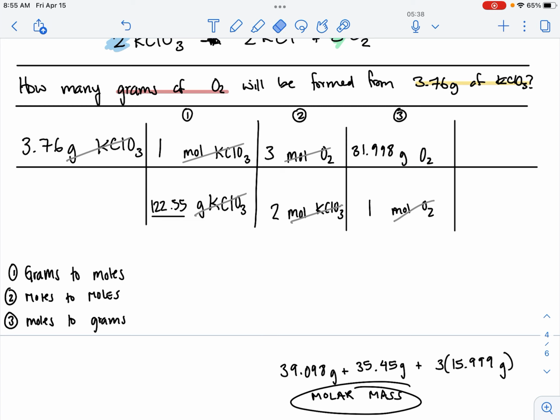The final step, you solve this together. The way that I do this is I take this entire top row and multiply it together. So I'm going to take 3.76 times 1 times 3 times 31.998. I'll give you a second to plug that into a calculator. Pause the video if you need to.